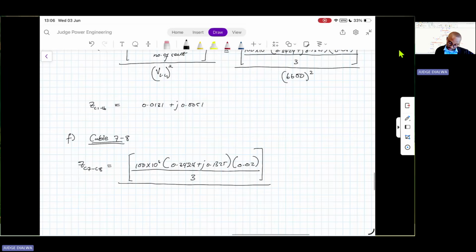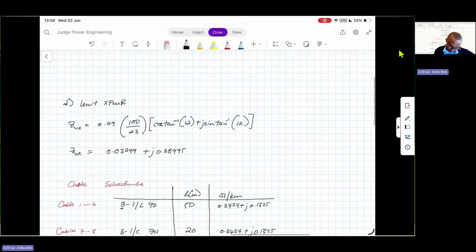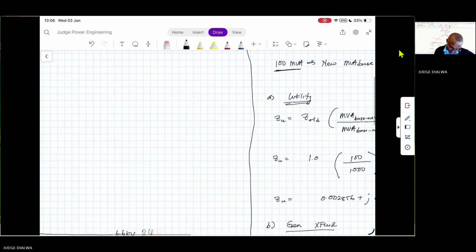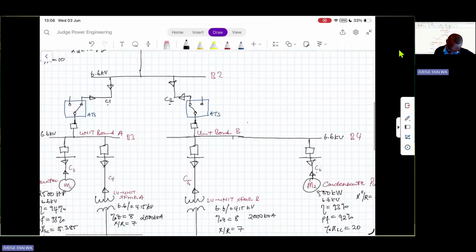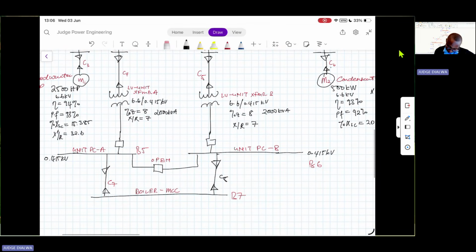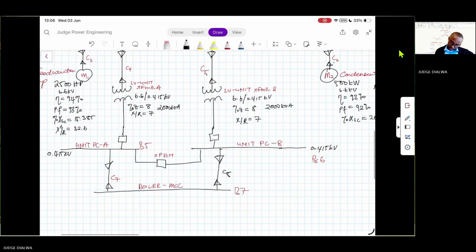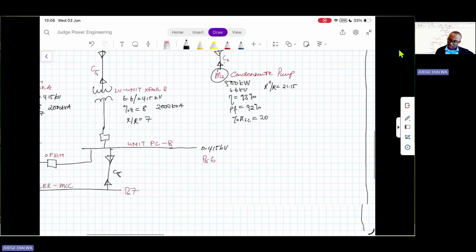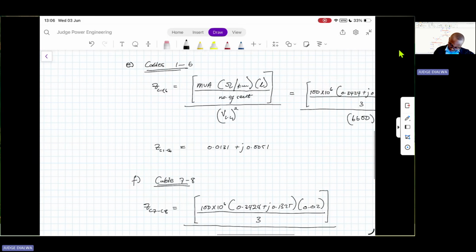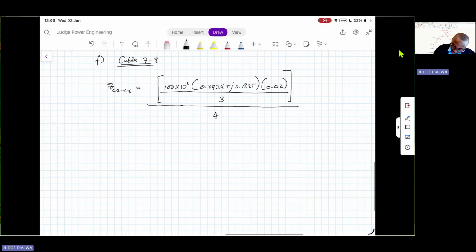the voltage at which these are connected, that is the 415 volt level. So the 415 volts squared.